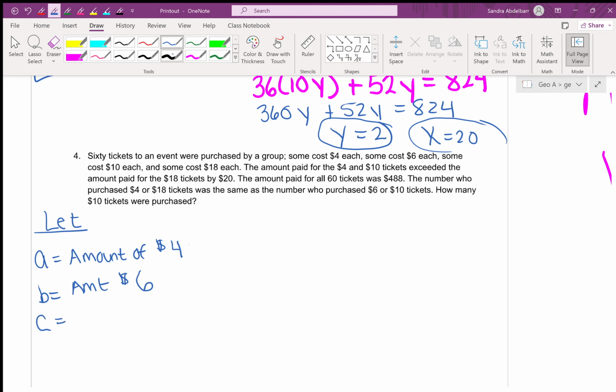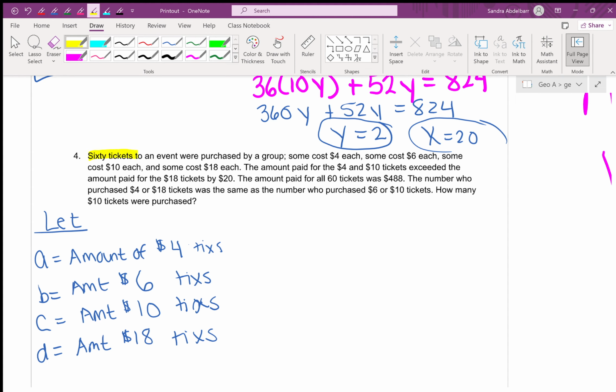C will equal the amount of $10 tickets. And D will equal the amount of $18 tickets. Okay.